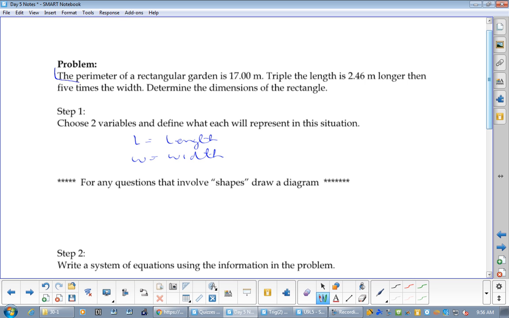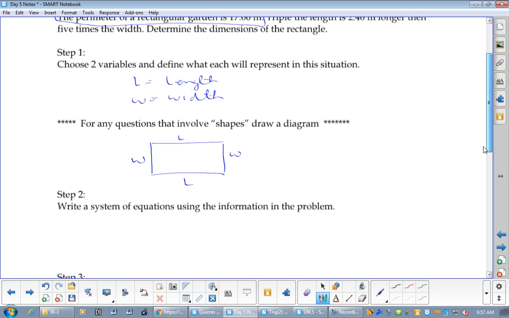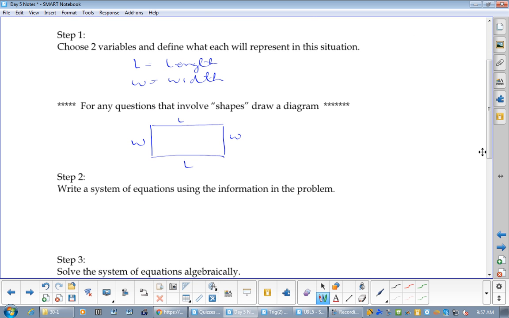Okay, so this statement here, I think we should be okay with. I'm definitely a visual learner, so pictures help, and that picture might help me with my second equation. The first equation, 2L plus 2W equals 17. I think that one's the no-brainer. Now we've got to figure out the second one.